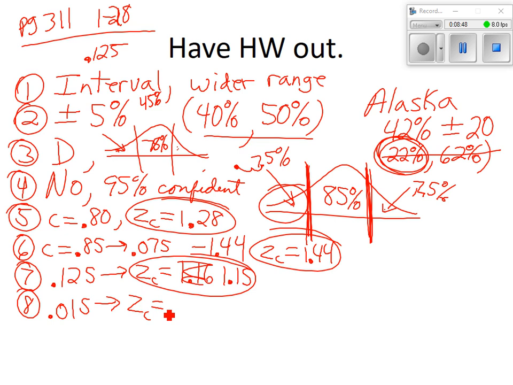Negative 2.17. Anybody else get that? 2.17? Yeah. That's our critical value. And I only put the positives on here. If we were looking at our picture here, this one would be a negative, that one would be a positive. But when we're just doing the critical values, we just need the positive answer.